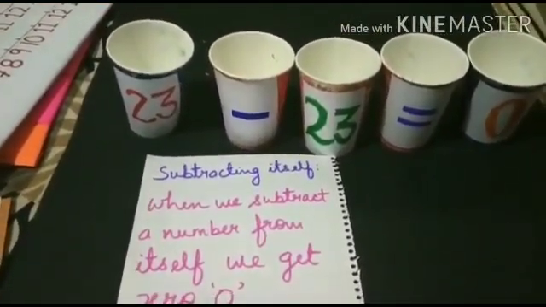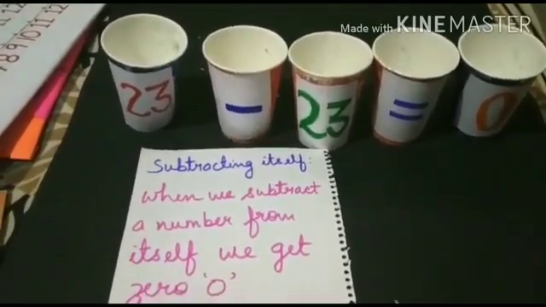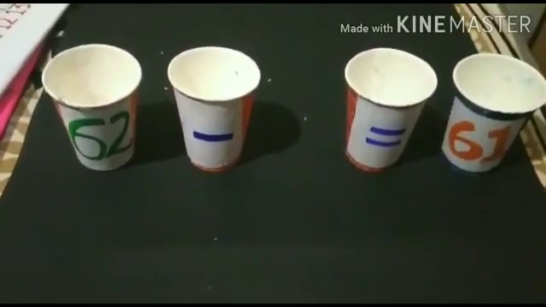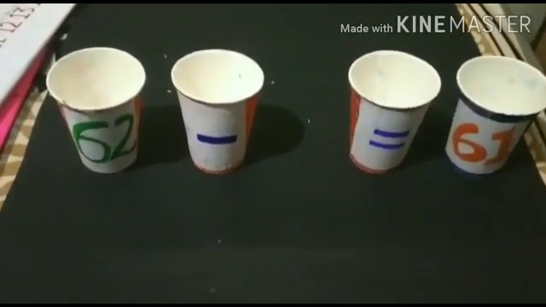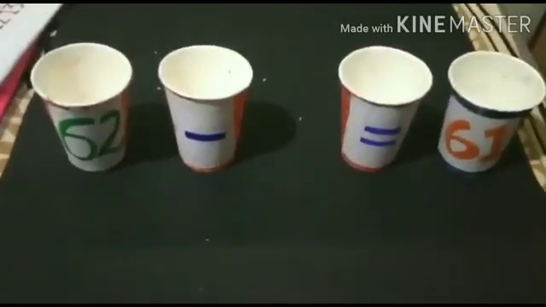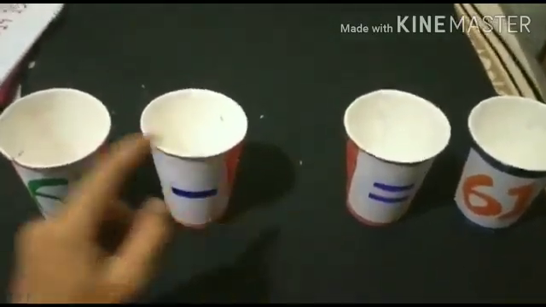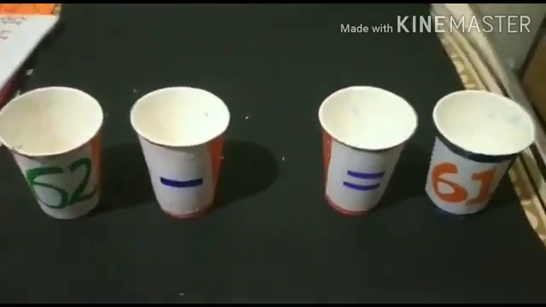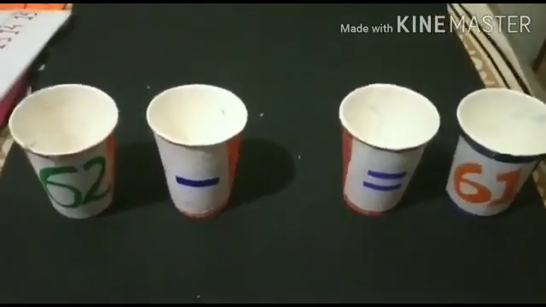Yes, now we will move forward to the third property of subtraction. This is the third example for the third property. You have to think and tell me what I will subtract from 62 to get the answer 61. Yes, very easy.